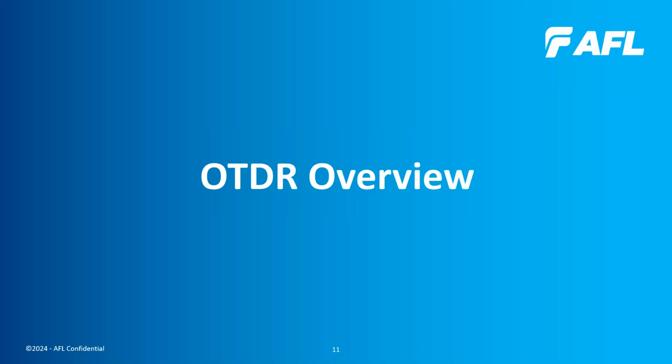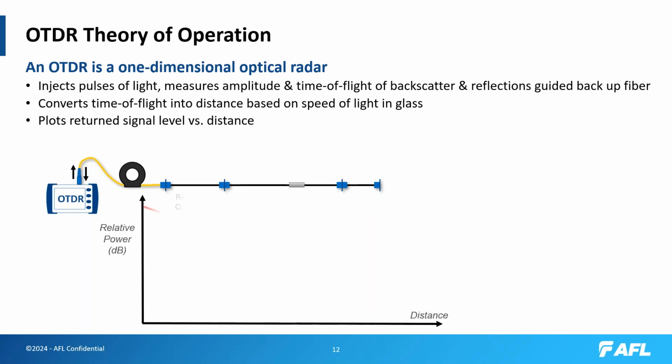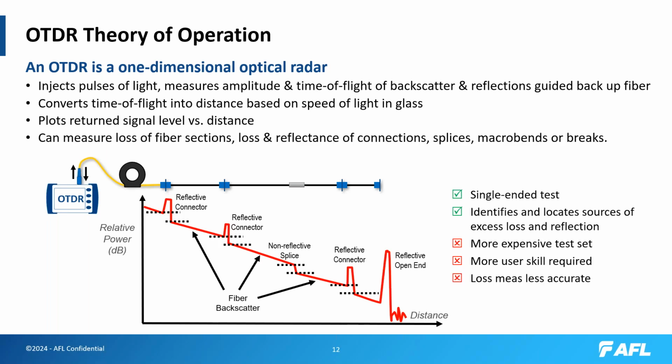So let's get into OTDRs, starting with the theory of operation. I think of an OTDR as a one-dimensional optical radar. It injects pulses of light into one end of the fiber and then measures the amplitude and time of flight for backscatter and reflections to be guided back up the fiber as that pulse transmits down the fiber. The software inside the OTDR converts time of flight into distance based on the speed of light in glass, which is determined by the index of refraction.